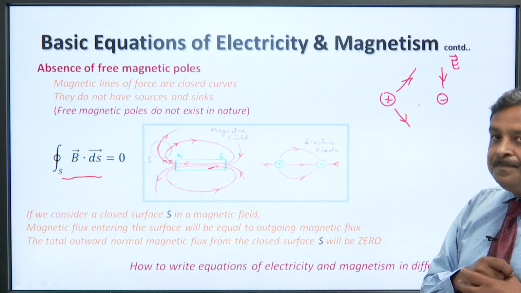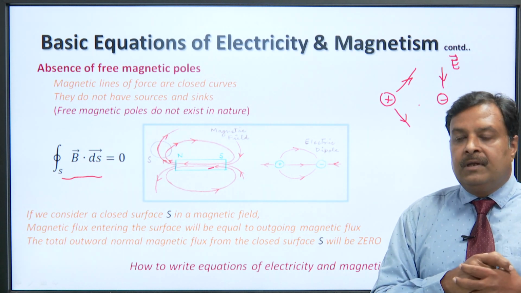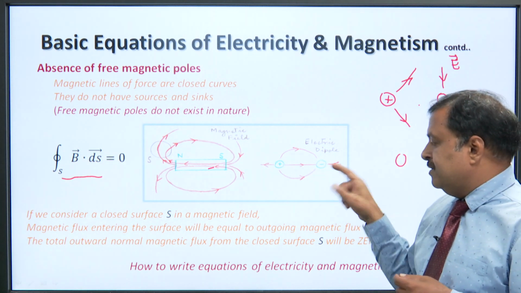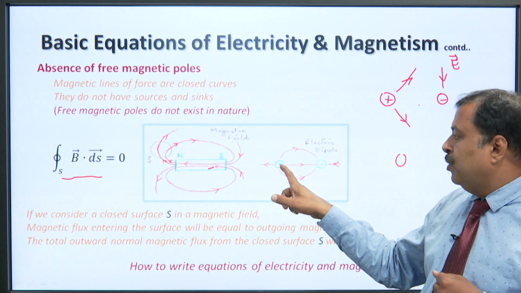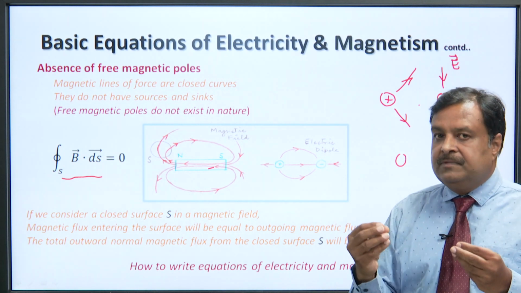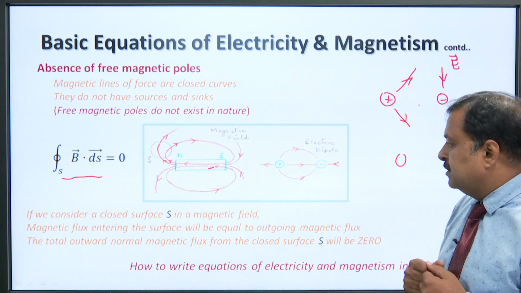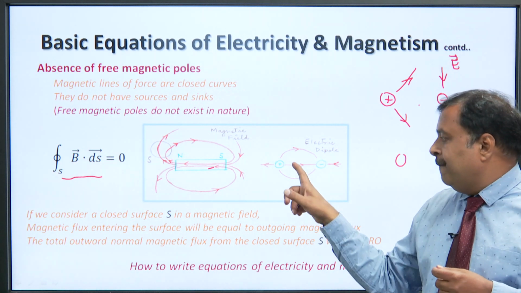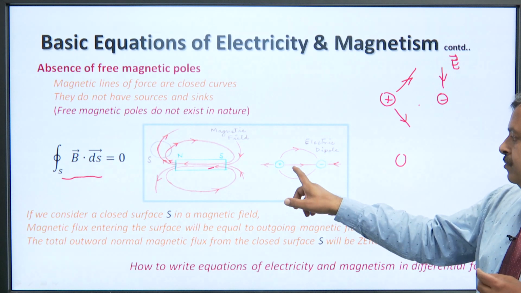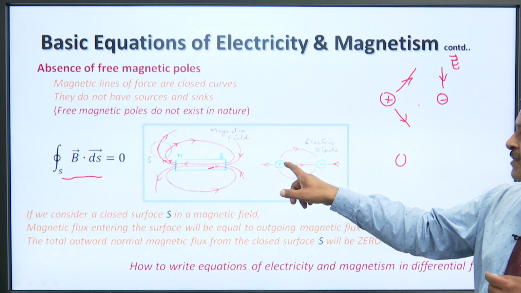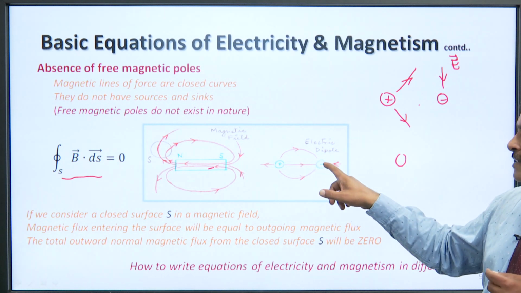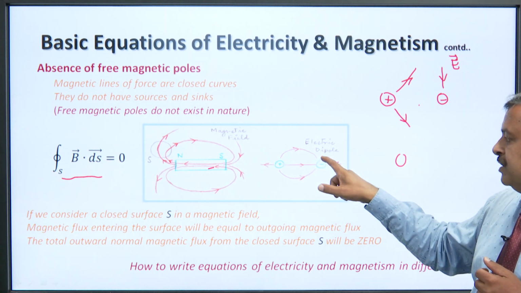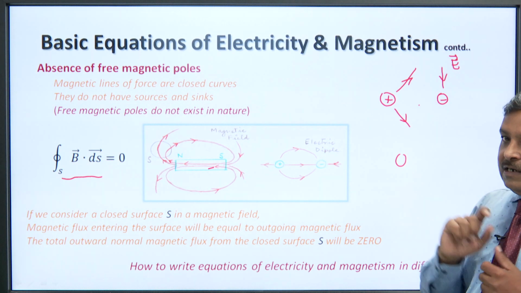Now, if we consider an electric dipole, you see this positive and negative charge are kept close to each other. In this case, the electric field line starts from the positive charge and ends at the negative charge.